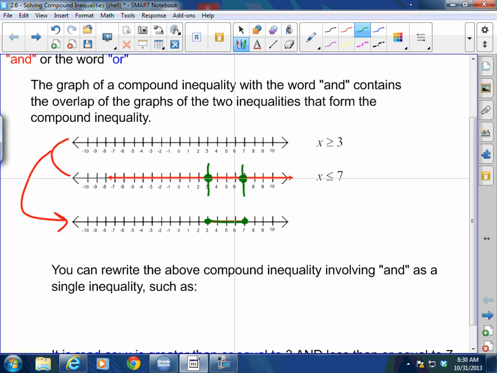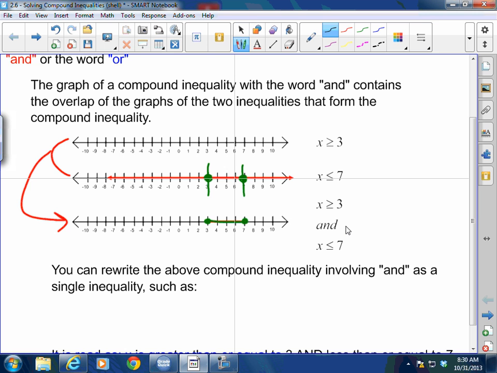Ands are contained within themselves. So how would you read this? This is x is greater than or equal to 3 and x is less than or equal to 7. You can rewrite this the correct way though.